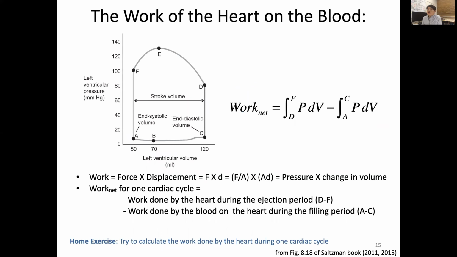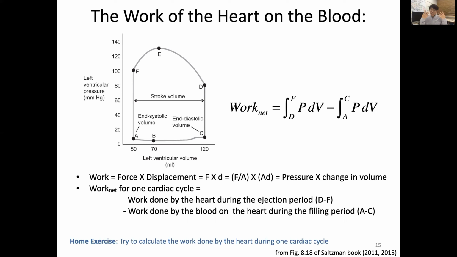So now think about the work of the heart on the blood. What is work? Work in physics is typically defined as: if there's a mass, you push the mass with a force, and that force makes a displacement x. So the force multiplied by displacement is defined as work.